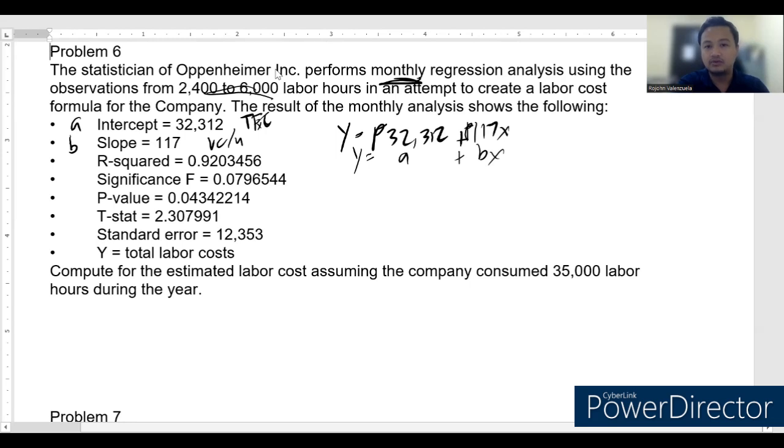Kailangan computein natin tong 32,312 into annually, kasi monthly lumabas dyan eh. So therefore, multiply mo sa 12 yung 32,312. So 32,312 times 12, that's 387,744. So that's your total annual fixed cost.